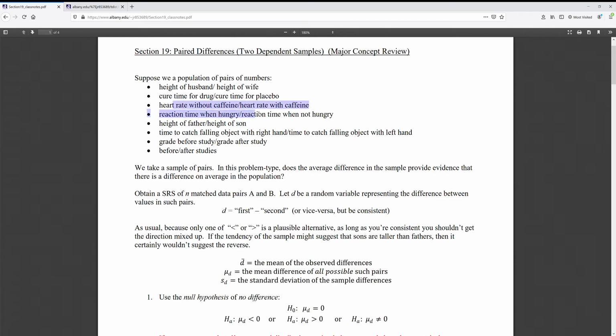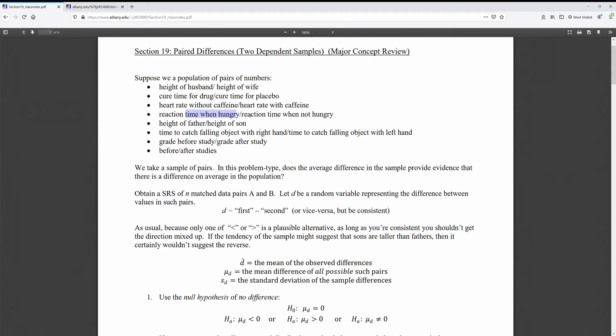Likewise, you could talk about heart rate with caffeine versus heart rate without caffeine. You could talk about how that compares for all people, or you could look at 100 people and get an example of each, samples.